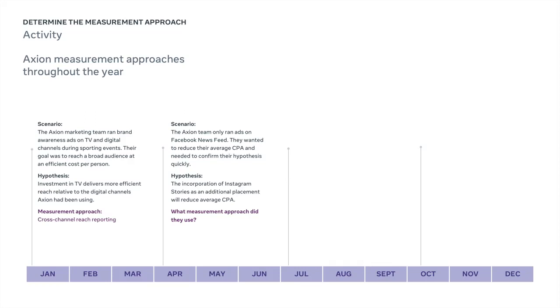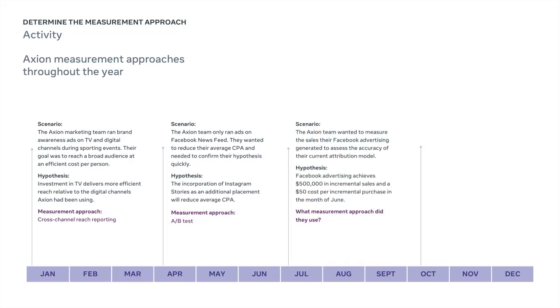Now, with this information, consider the measurement approach that they used to test their hypothesis. Take a moment to think about your answer. If you thought A/B test, then you're right.